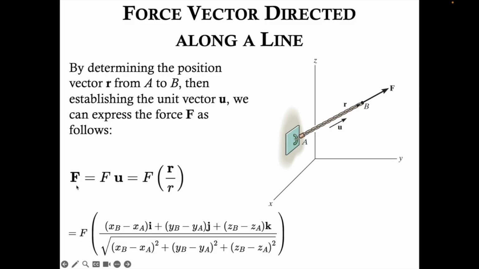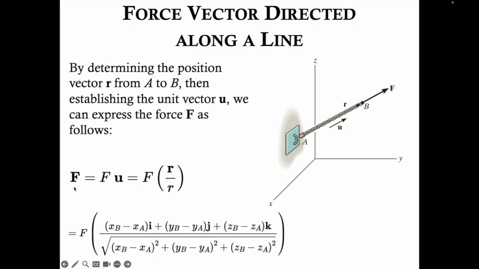So force vector F equals the scalar magnitude of the vector, F without bold, times U in bold, the unit vector that defines its direction, the unit vector that goes from A to B in the direction of R and F. We know that the unit vector can be written in terms of the position vector from A to B. That would be the vector R over its scalar magnitude R. So putting all this together in one line, we would have the following vector expression for force vector F.